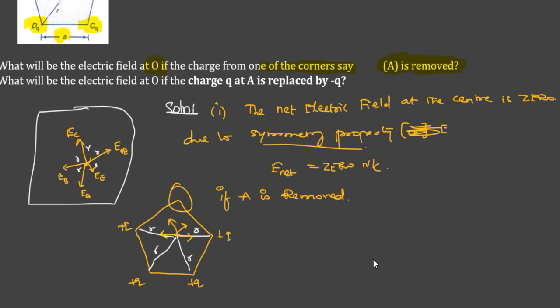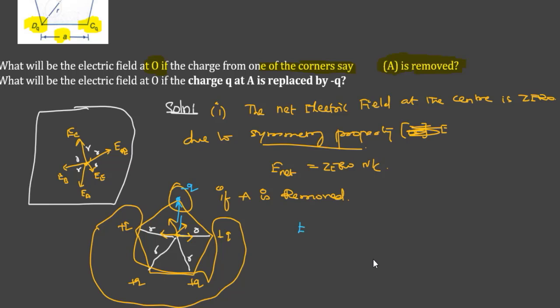But due to this, no charge is removed, so we have to focus on what happened here. Definitely, if all are positive charges for the pentagon, based on the induction method, a negative charge will be induced here. If a negative charge is induced, the direction of the field will be like this, because it will be an attractive force.